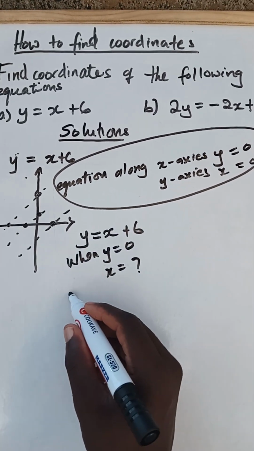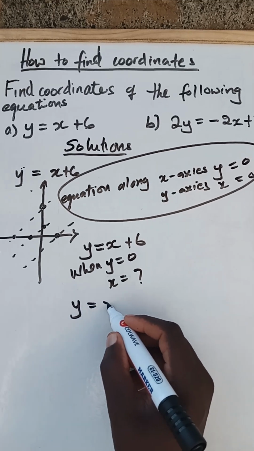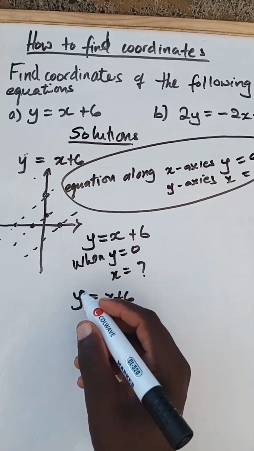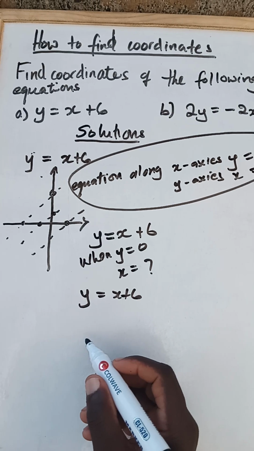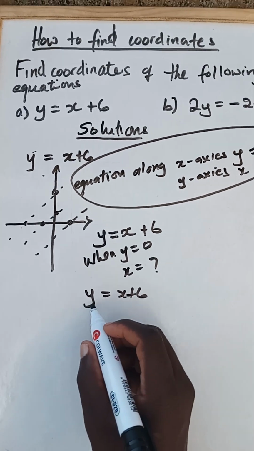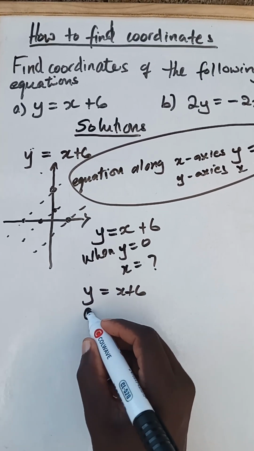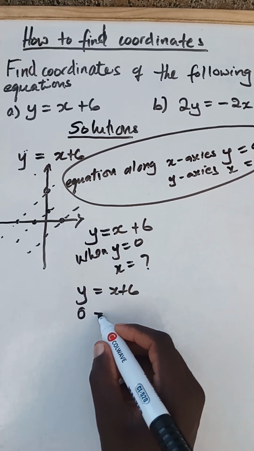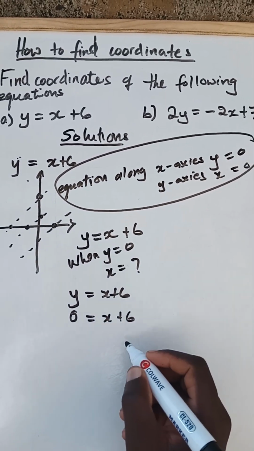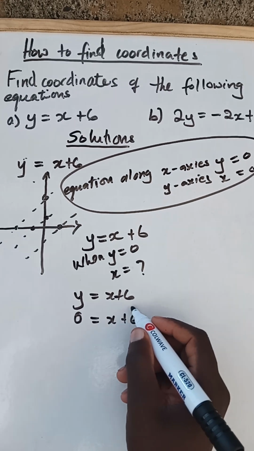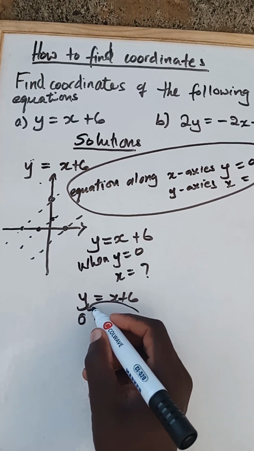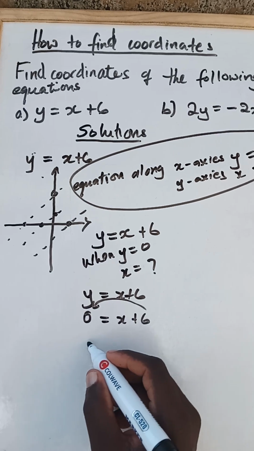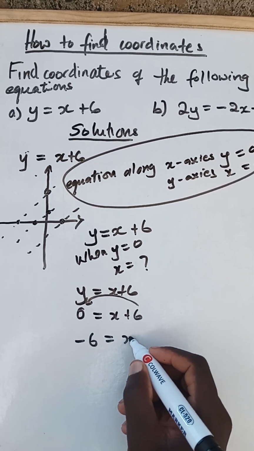So let's come here. y is equal to x plus 6. We say when y is 0, x is equal to what? Let's put 0 here. Say y is 0, so 0 equals x plus 6. So we take this 6 to this side, it becomes negative. So we say minus 6 is equal to x.